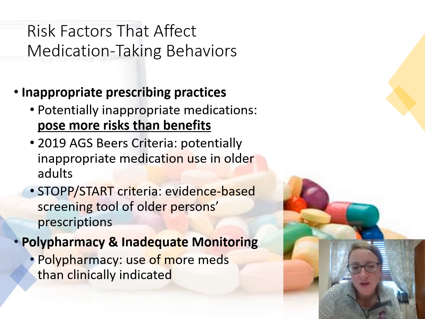So that 5-drug rule is kind of old and didn't quite work. Now we are saying that polypharmacy means the use of more medications than are clinically indicated. And so the stop-start and the Beers criteria are useful to help combat polypharmacy, which can lead to adverse medication reactions.